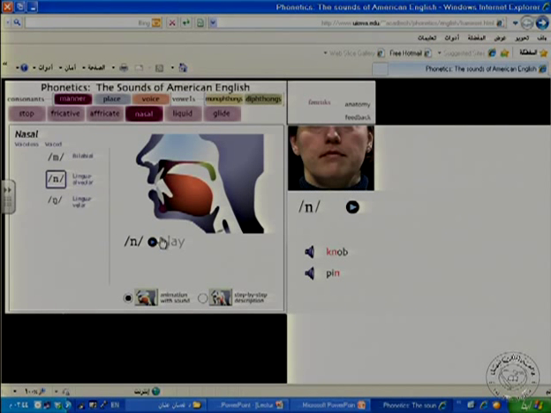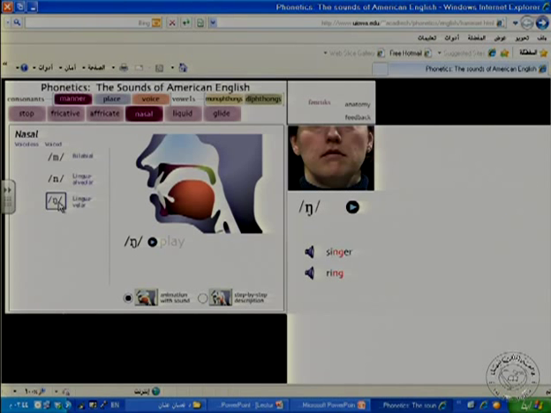Again, n. There is a complete closure between the tongue and the alveolar ridge. There is a complete contact here, and the air goes out of the nose. The last nasal sound is ing. See, ing.